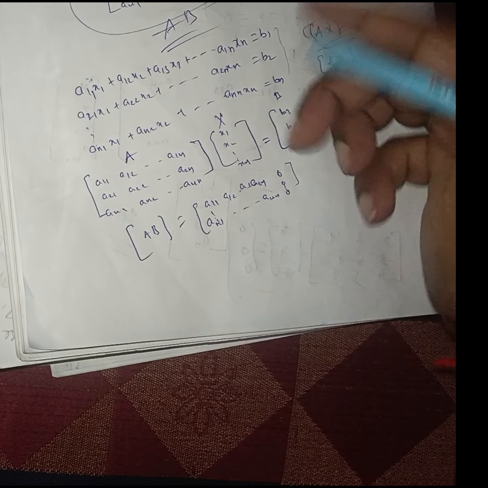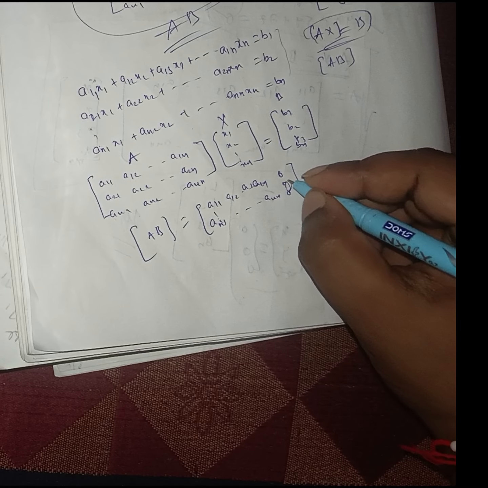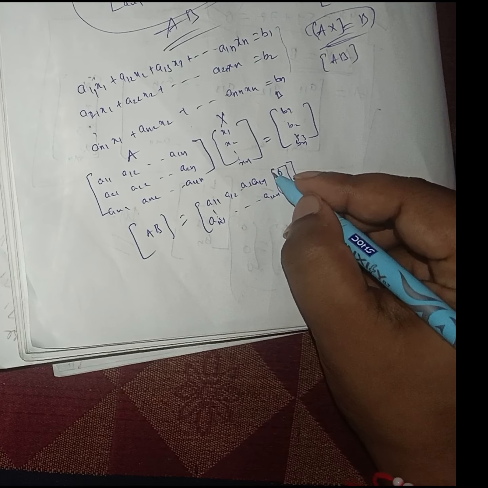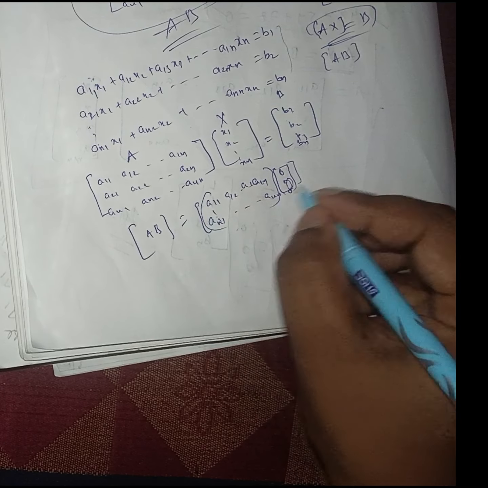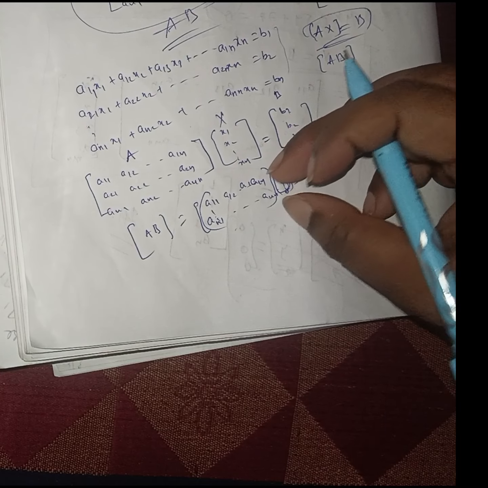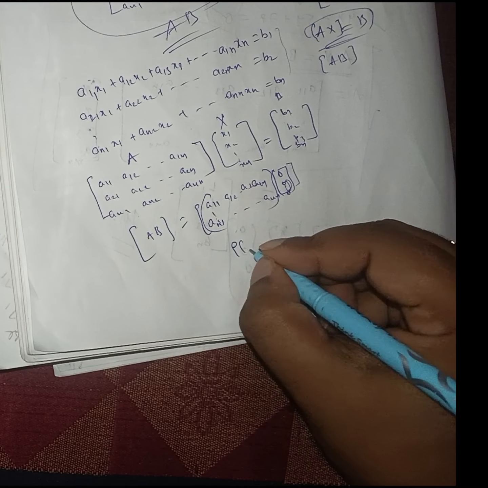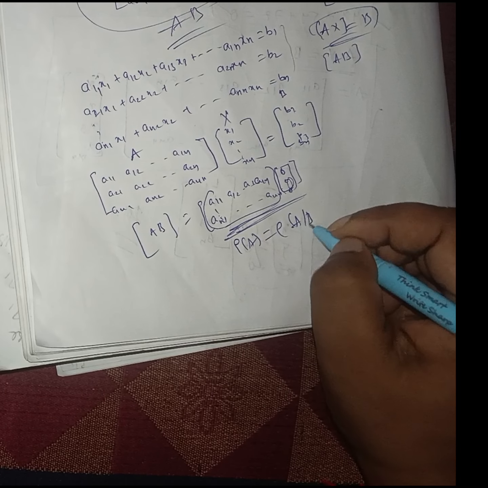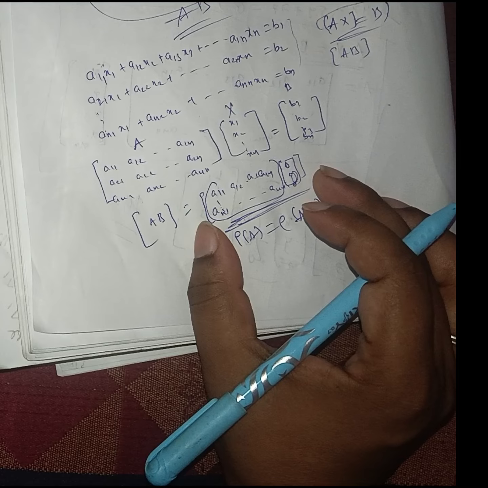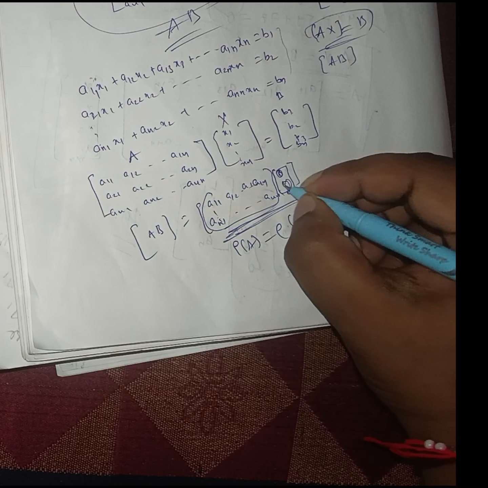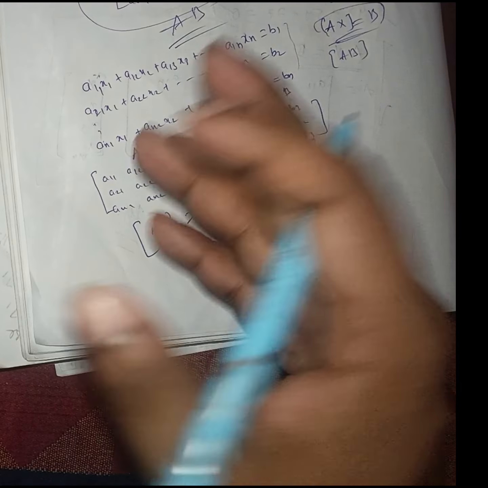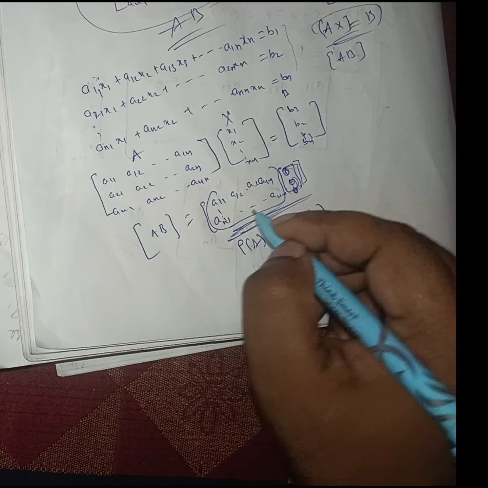So if you do row operations, 0 minus 0, 0 plus 0, whatever you do, this column remains unchanged. This is the coefficient matrix and this is the B matrix. This will not change. So the rank of A is equal to the rank of the augmented matrix. Because these are all zeros, row operations will not change them. So the rank depends on the rank of A only.